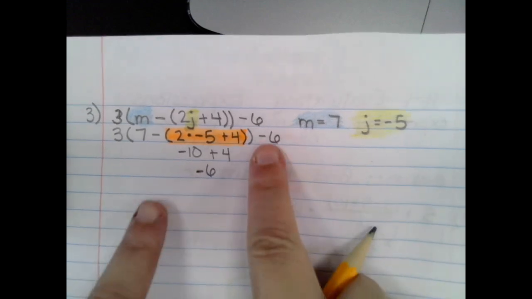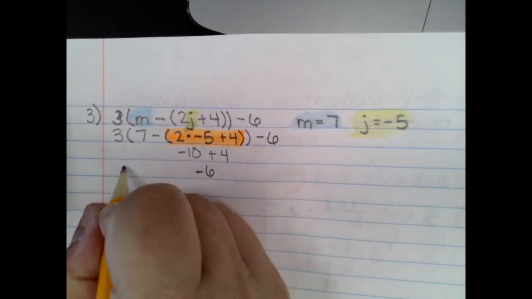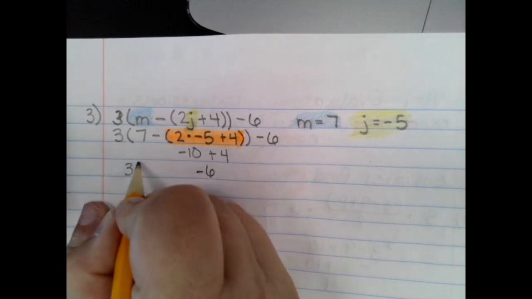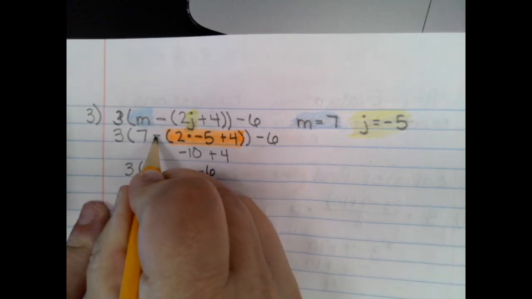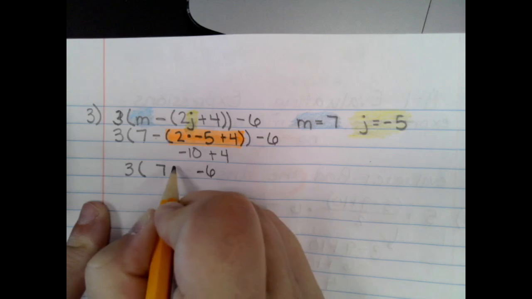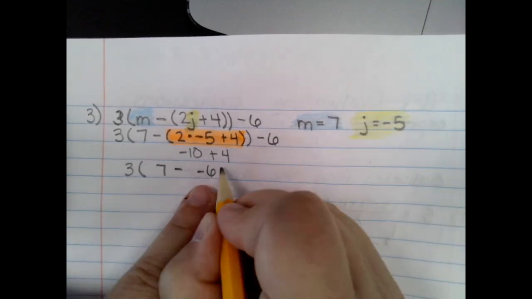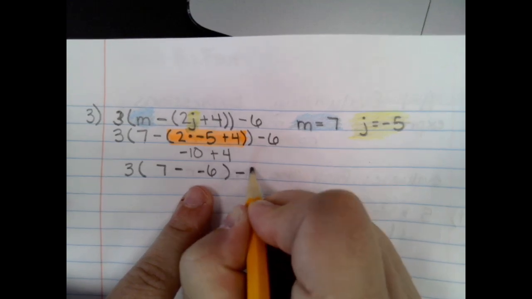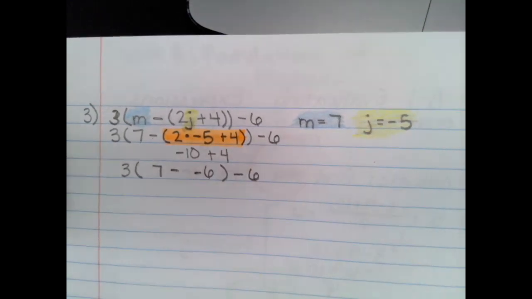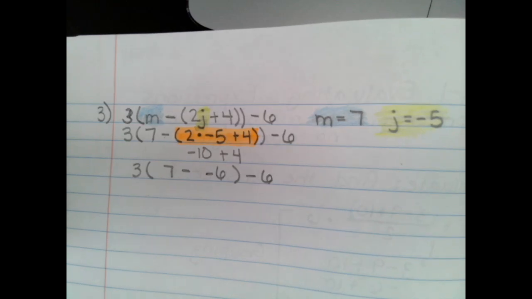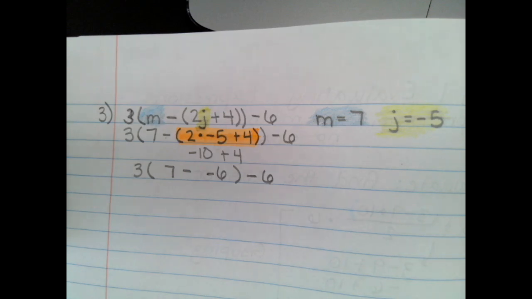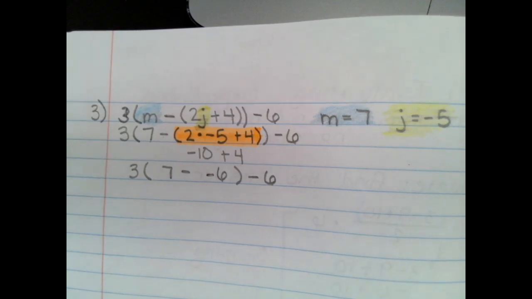Now I'm going to bring everything else down. So I have this 3, parenthesis, I have a 7 minus, and behind this was another parenthesis, and then another minus 6. All right, what's my next step going to be?